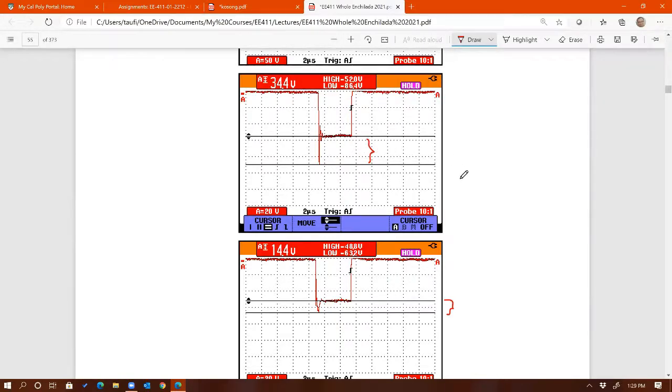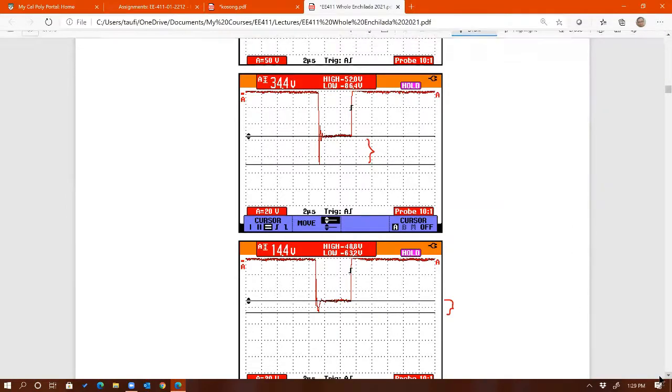What is the trade-off of doing this? Anybody? Must be the loss, right? So now you have to think about how much loss you introduce by adding this snubber. Hopefully that loss is not too much.